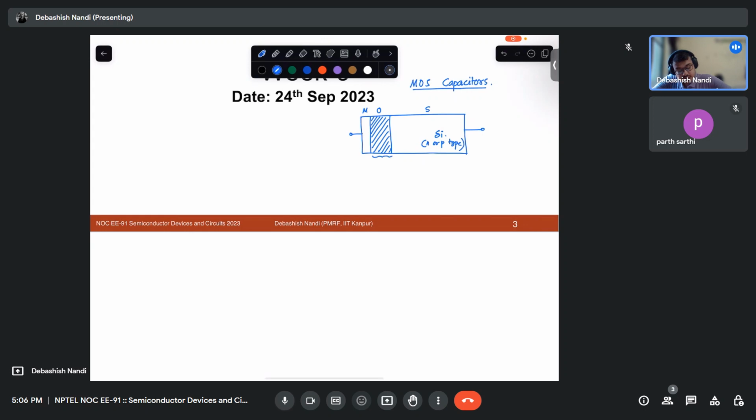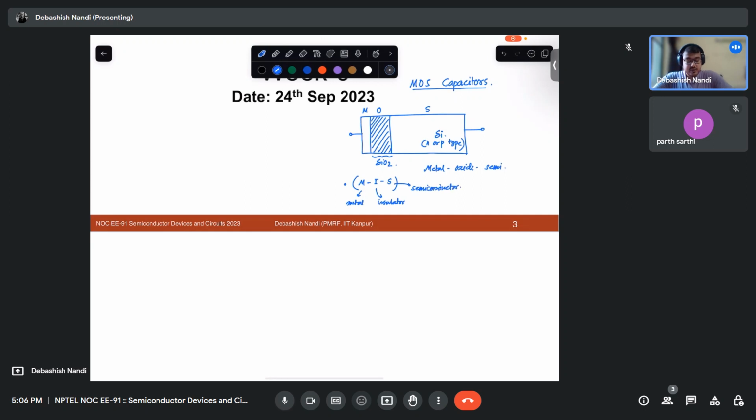The insulator is generally silicon dioxide, so that's why the name came: metal oxide semiconductor. This kind of structure is also known as an MIS structure, which is a more general name: metal, insulator, and as usual, semiconductor.